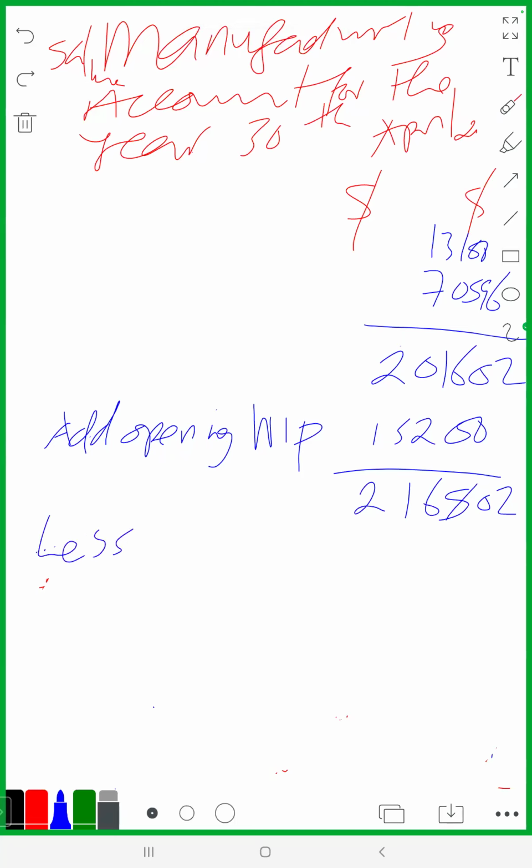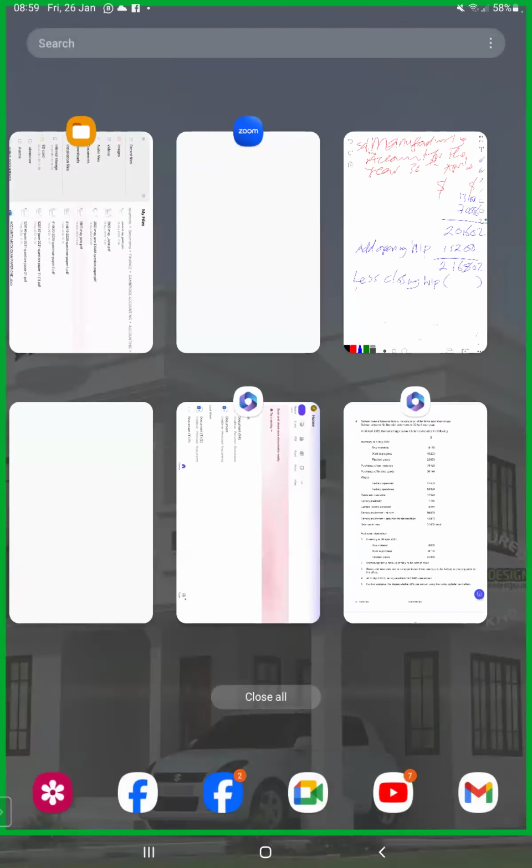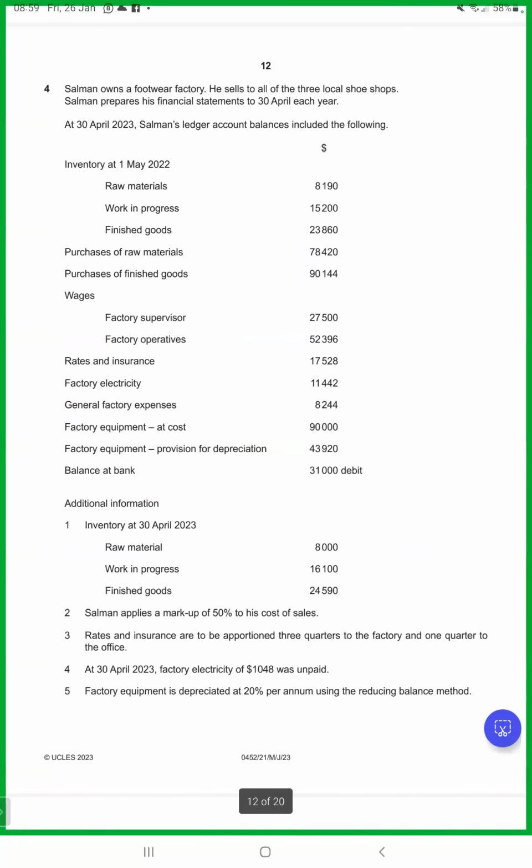And then from this amount, we can less closing work in progress. When you check the additional information, there is inventory at the end of the period, work in progress, which was the closing. It was 16,100 under additional information.